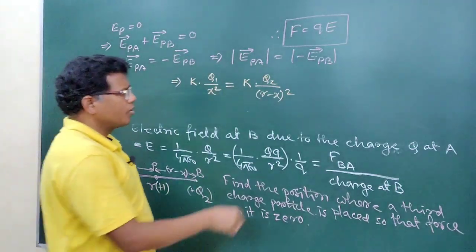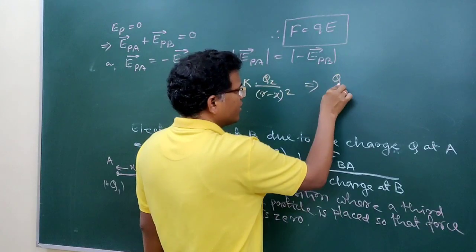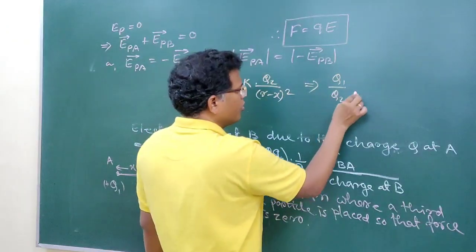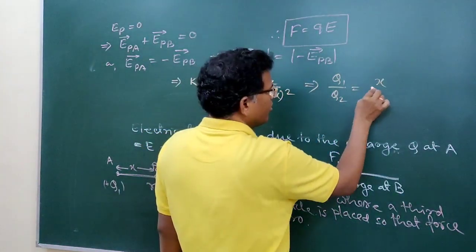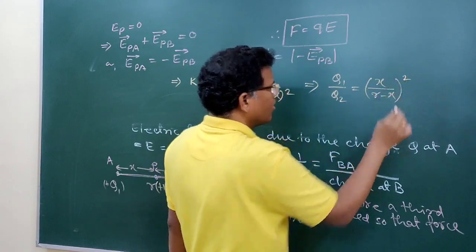Got my point? So from this we can write Q1 by Q2 is equal to x square by (r minus x) whole square.